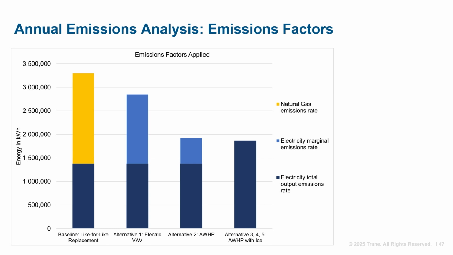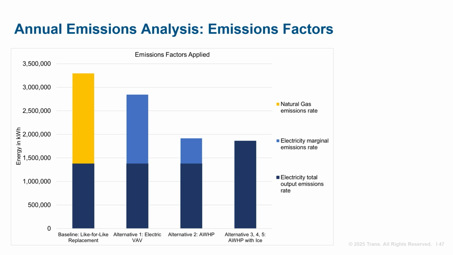Energy consumption, and therefore emissions, are the same between financial alternatives 2 and 2B, and the same between alternatives 3, 4, and 5. The color of the bars show which emissions factor, or emissions rate, that we apply to the energy consumption to calculate the associated emissions. Natural gas is easy. Fossil fuel emissions factors are relatively constant, so we only need to use one factor for any fossil fuel consumption.